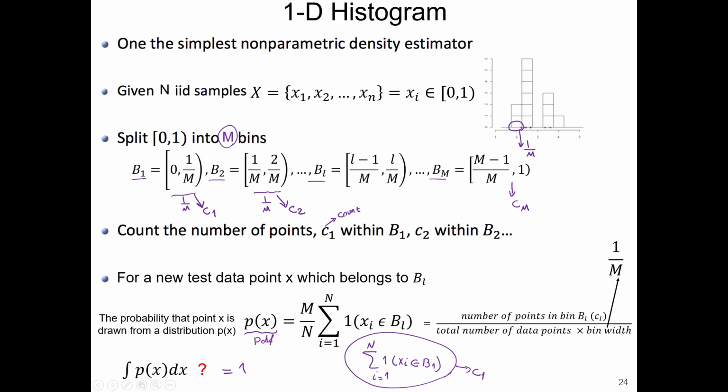Okay, so let me show you how I got to this equation. Let me give you an example. Let's say I have bin 1 here, I have a second bin here, and I have a third bin here. This one's count 1.